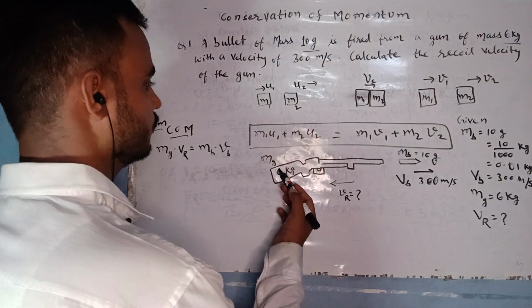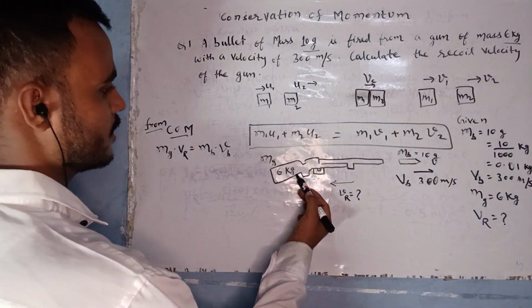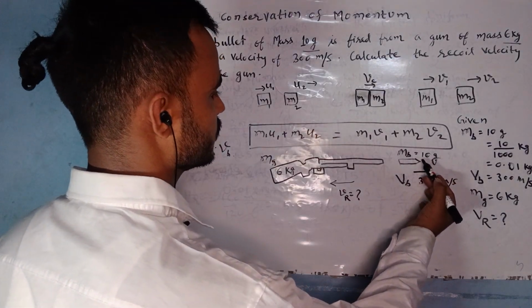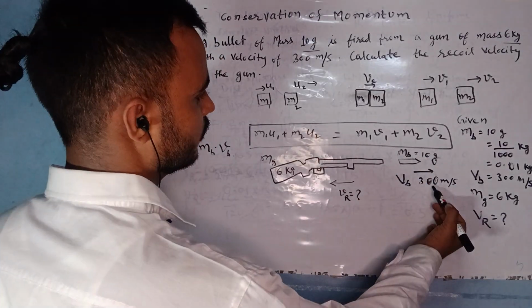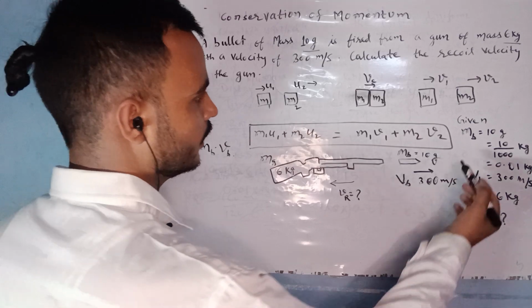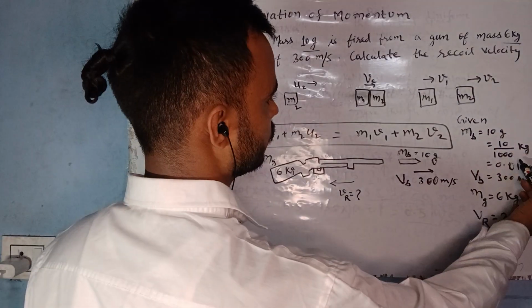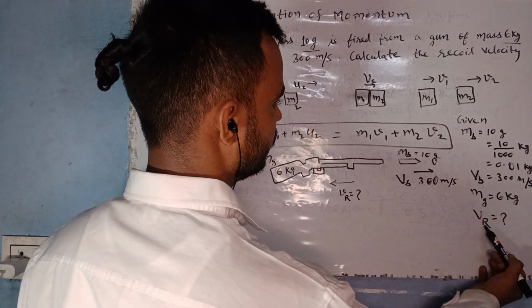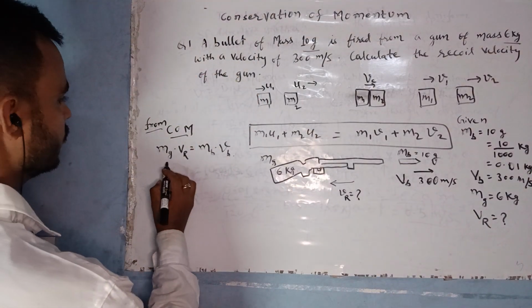Here mg is the gun's mass, vr is the recoil velocity, mv is the bullet's mass and vv is the velocity of the bullet. Here mv is in grams, so we have to convert it into kg, and vv is given, mg is given. Putting these values we will get vr.